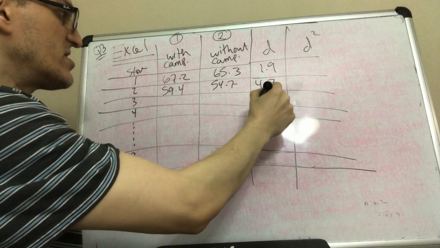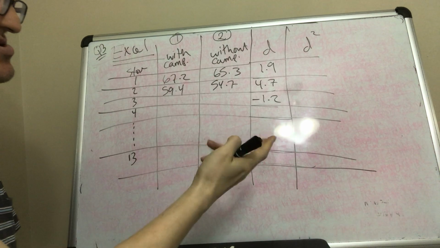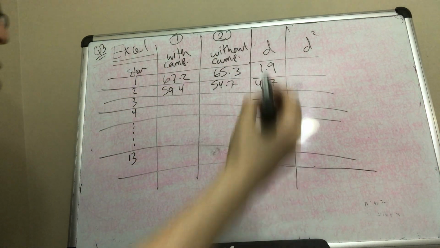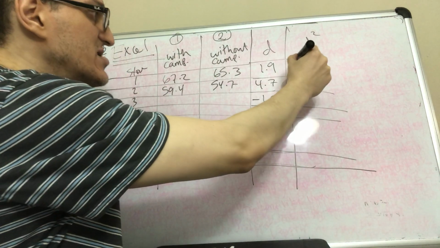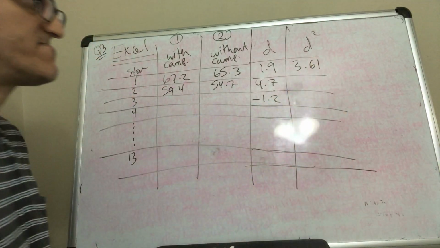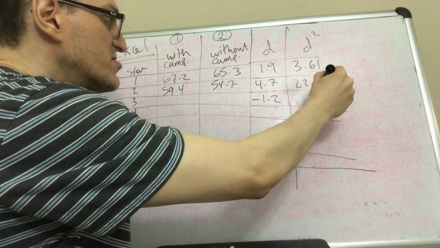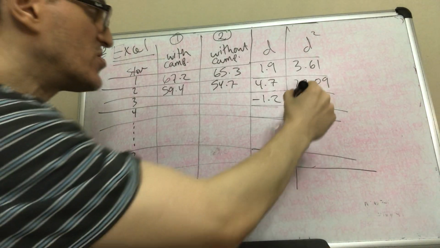Third one would be 1 minus. So some of them could be different depending which number is higher. You do the difference for all of them. Here, you square the difference. So when you square this, it would be 361, 2209, 144.